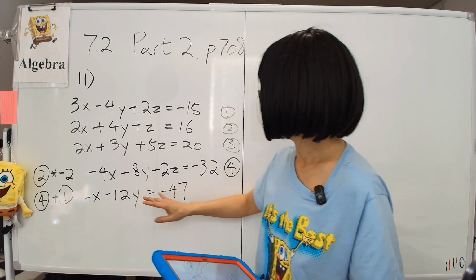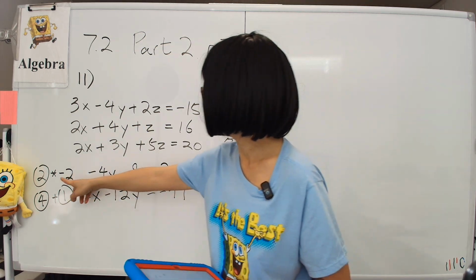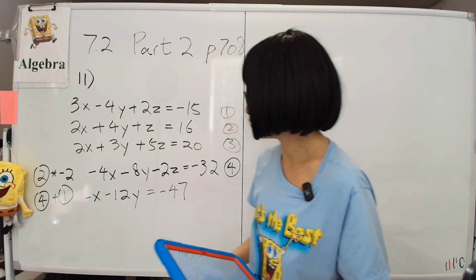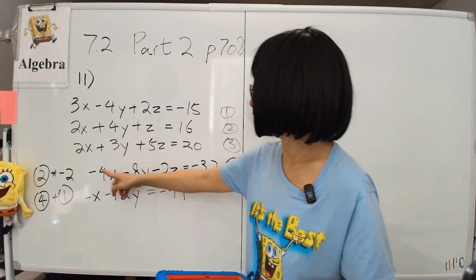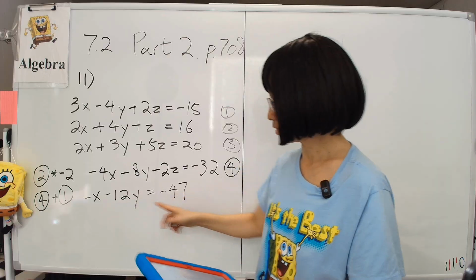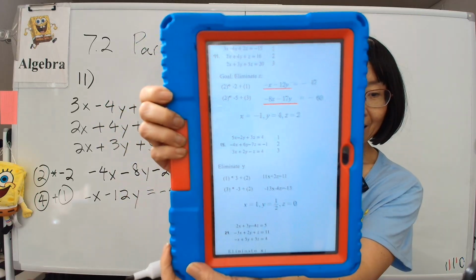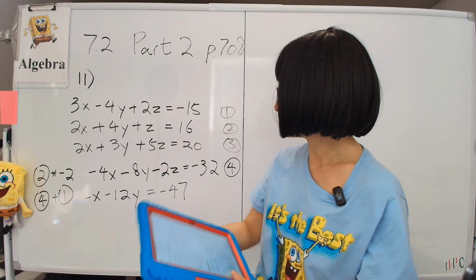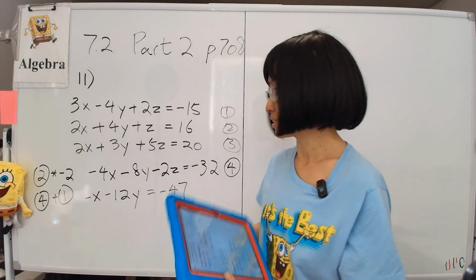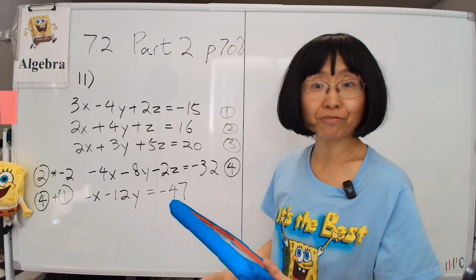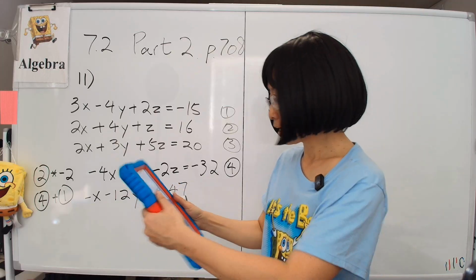The point is, when I was doing equation 2 times minus 2, this thing times minus 2 is minus 4. Then this plus that is minus 1, so that is the answer I have right here. I did this ahead of time so that I can catch myself in the mistakes and not spend my entire video trying to hunt for my mistakes and can't find them.